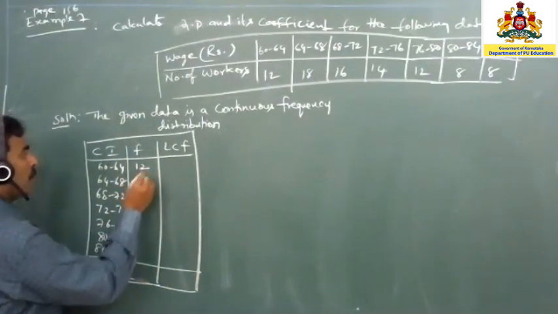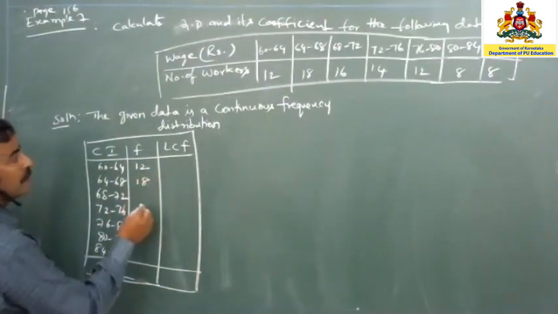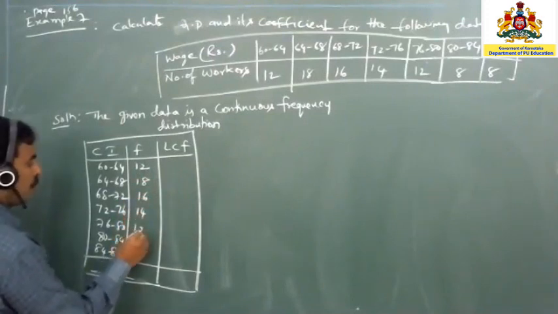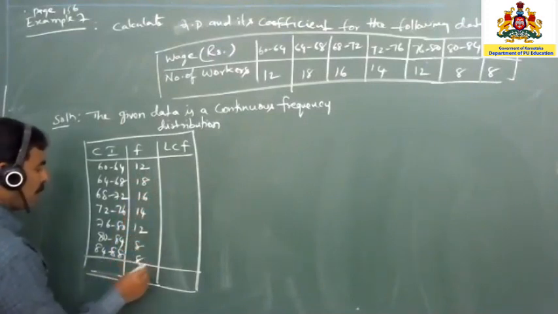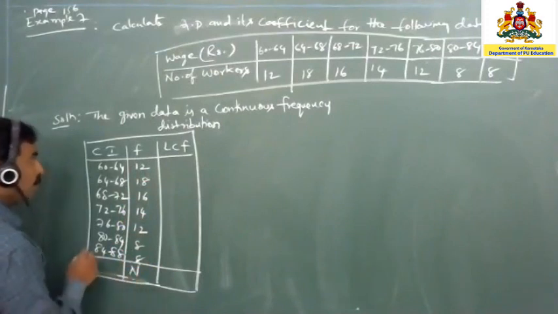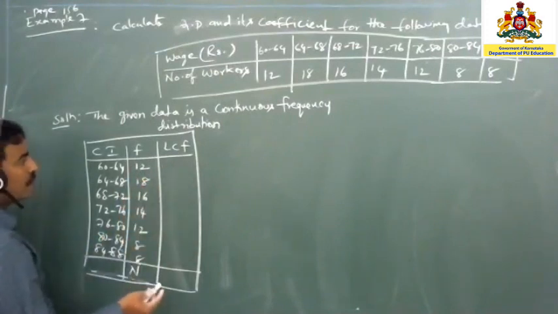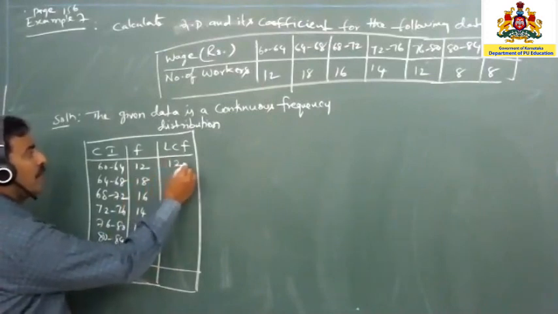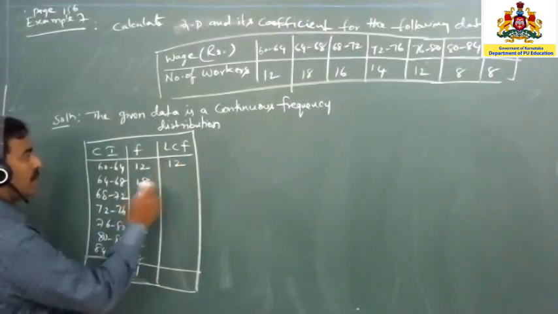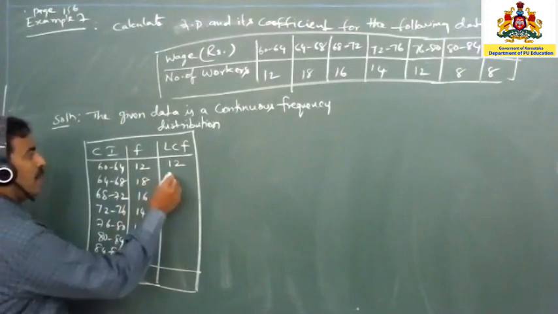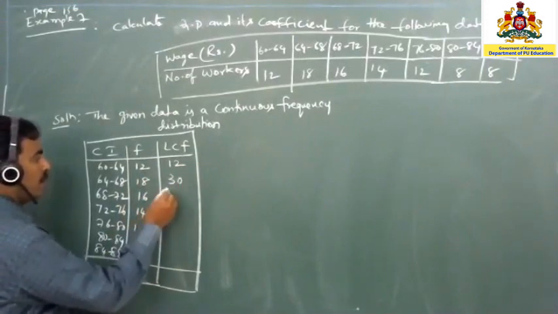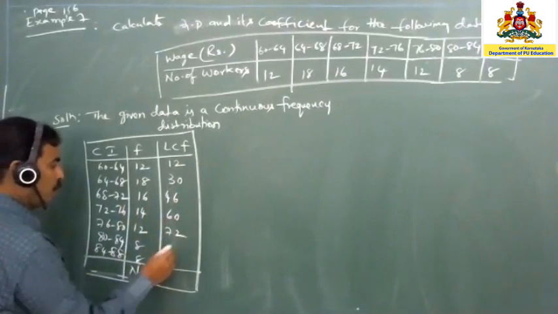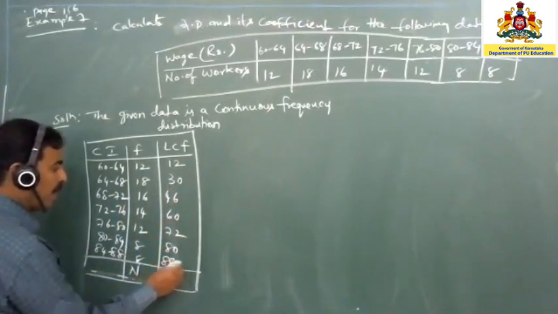Frequencies 12, 18, 16, 14, 12, 8, 8. Total is N. How to find LCF values? First frequency is the first LCF, then 12 plus 18 is 30, then 46, then 60, 72, 80, 88.